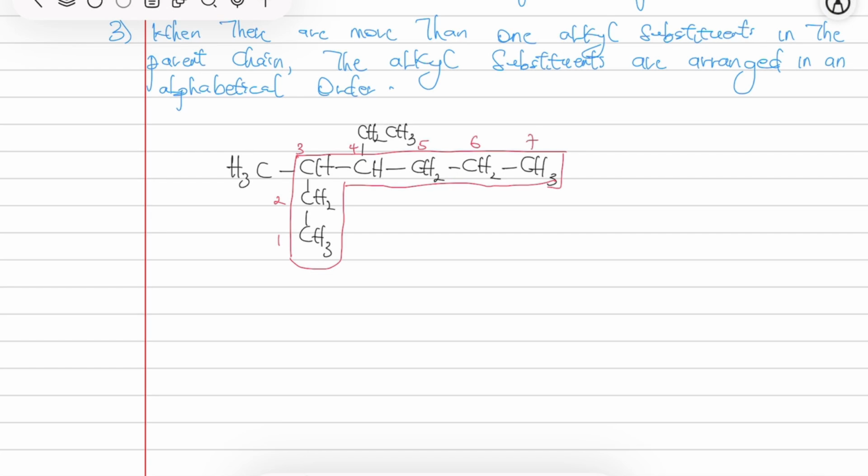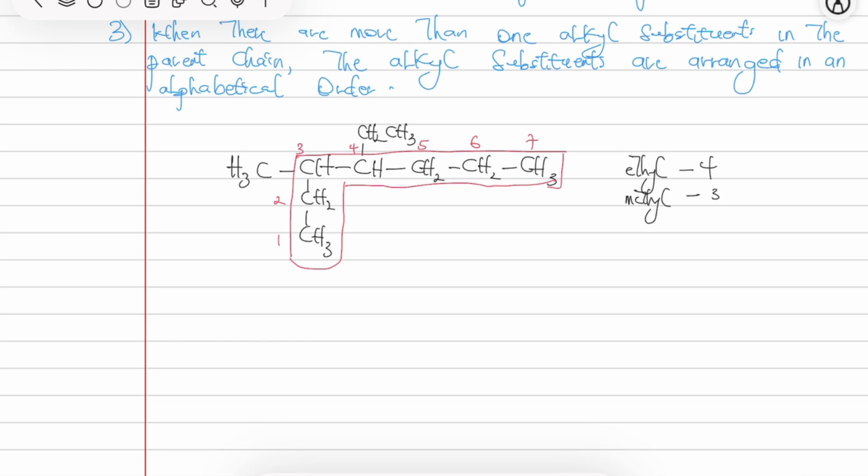Having numbered the parent chain, from this compound below, I can see that I have two substituents at position 3 and position 4. And one of the substituents at position 3 is the methyl group, and the substituent in position 4 is the ethyl group.